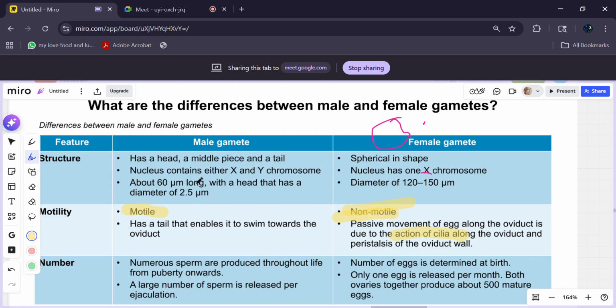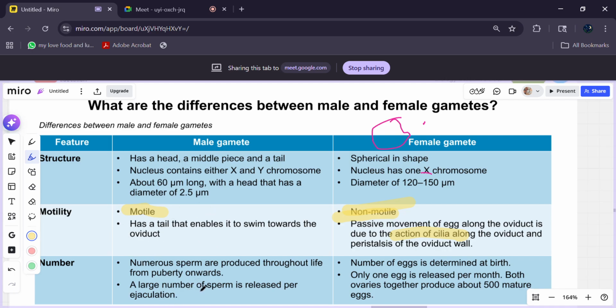Now, numerous sperms are produced throughout life from puberty onwards. That means that the sperm cells of a male are unlimited. At the moment a male hits puberty, sperm cells start being created, so it's unlimited for the male.